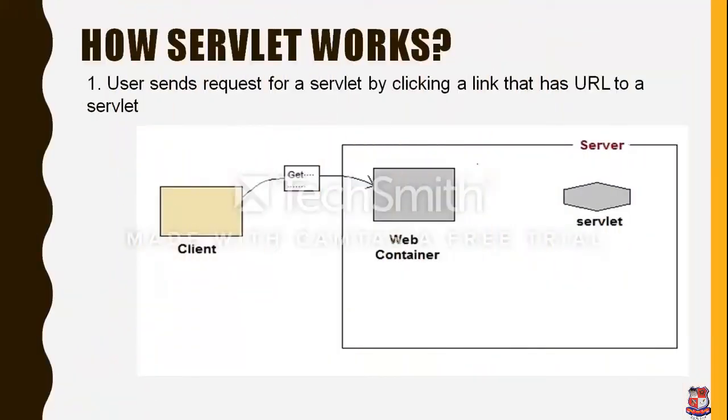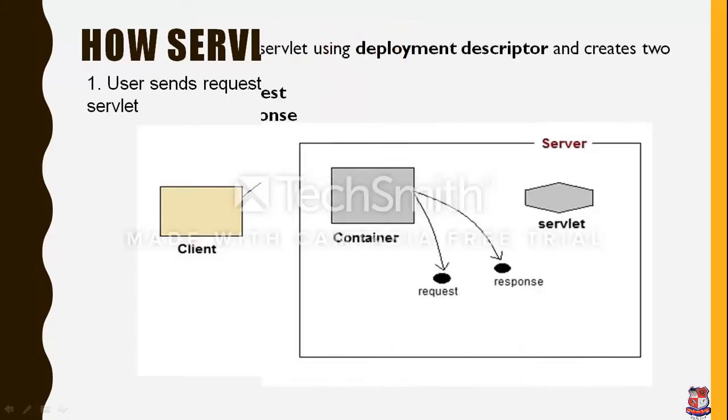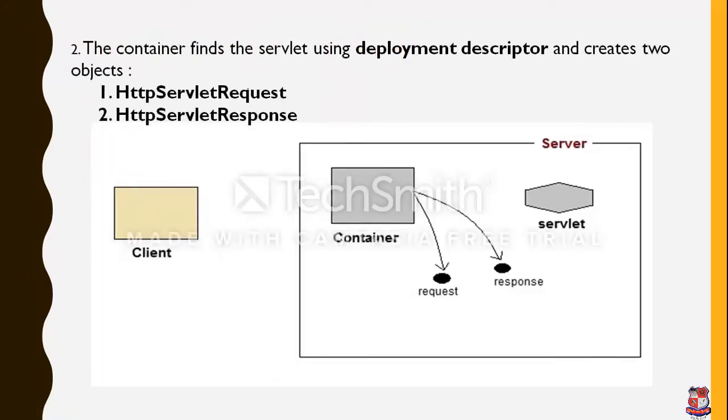Now we will discuss how servlet works. It is a simple procedure. In this, first, the client requests a servlet by clicking a link on their browser with a uniform resource locator, that is URL. After that, the container on the server side has a deployment descriptor, that is our web.xml file.